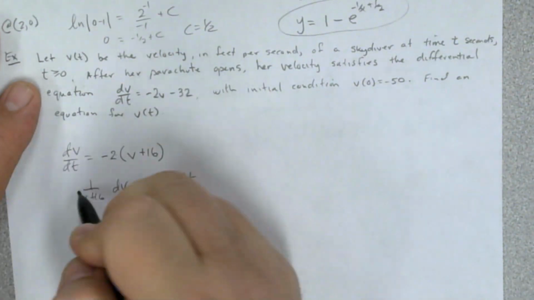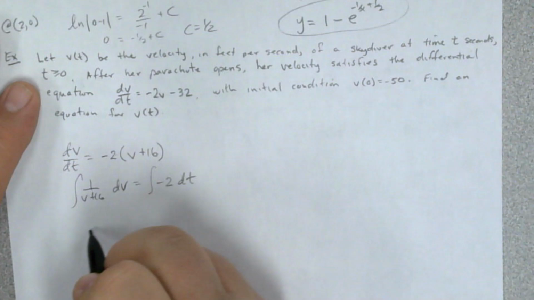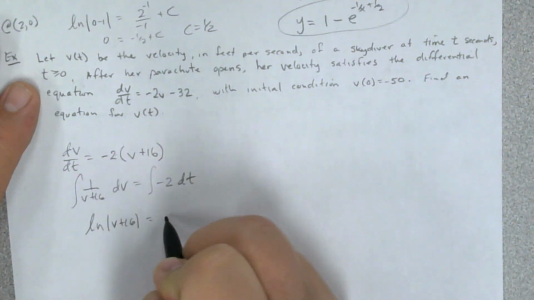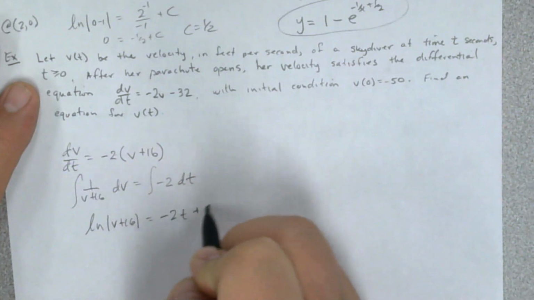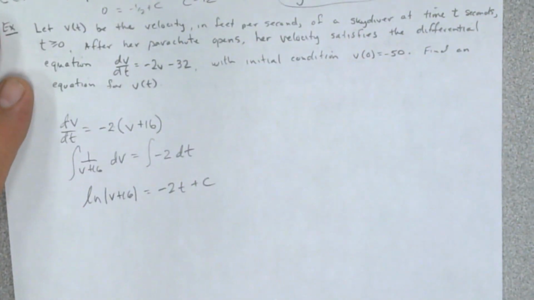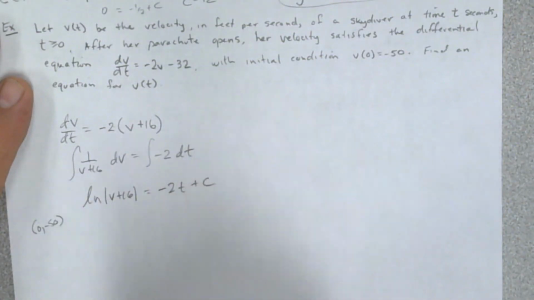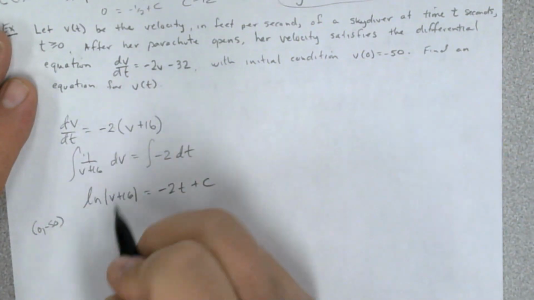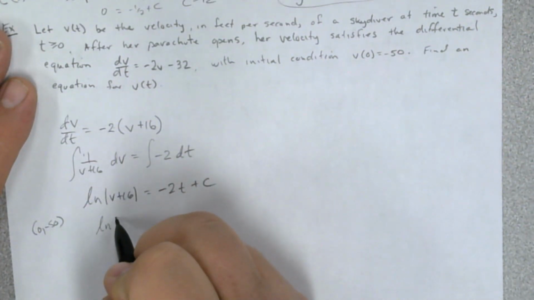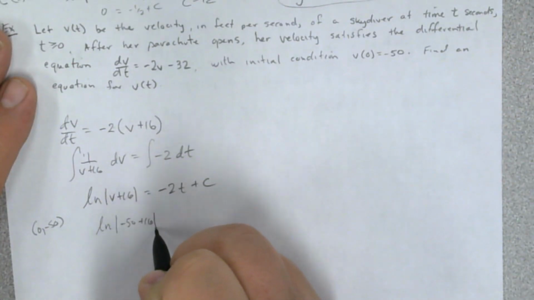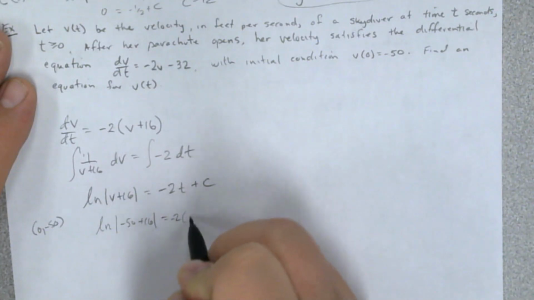And then I can integrate both sides, and I end up with the natural log of v plus 16. And this over here will be negative 2t plus a constant. With our initial conditions, I can then work this out, and I'll get the natural log of negative 50 plus 16, and this is negative 2 times 0 plus c.